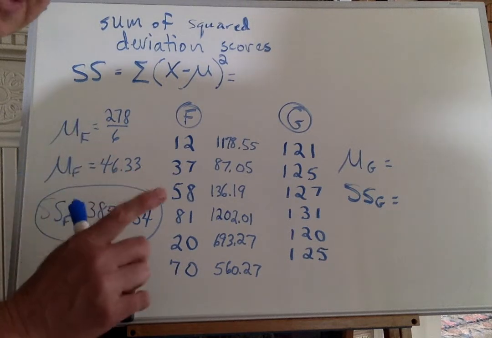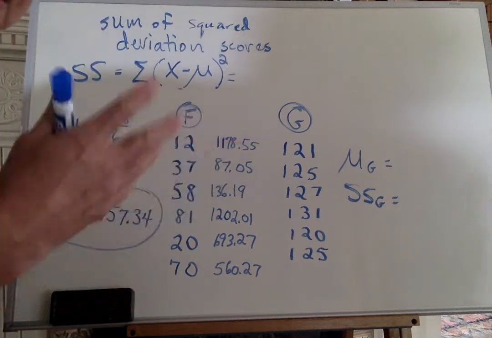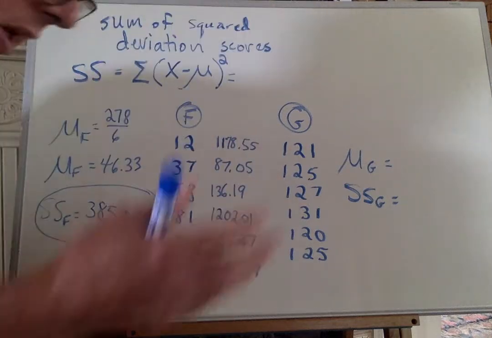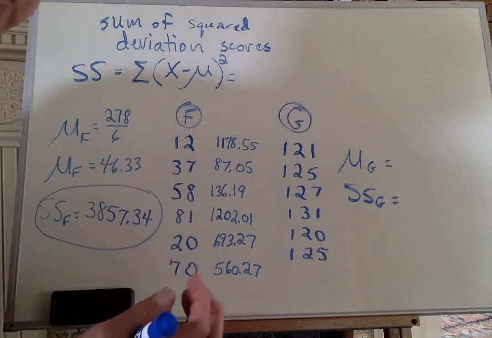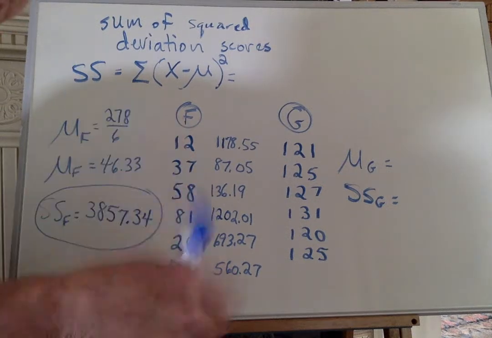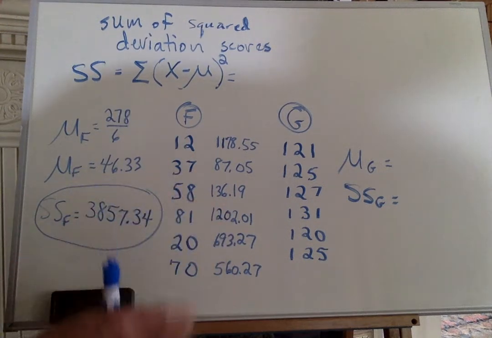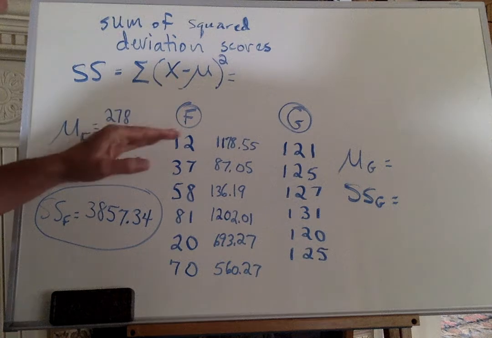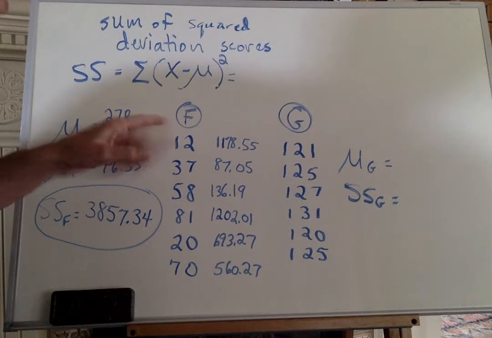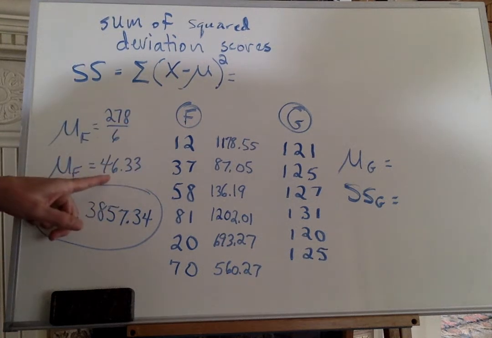But let's think about, when you see that and you say, oh, I must have made a mistake. That seems too large for some reason. Let's think about what's happening here conceptually, right? Instead of just going through the computations, let's think about what's happening. We're getting a deviation score. That is a deviation value for each of the scores. This was 34 points away from the mean.